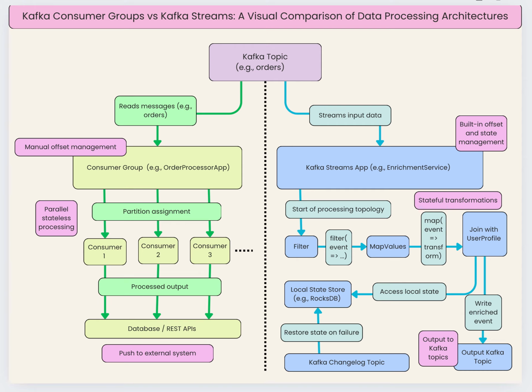And since Kafka Streams apps are just regular Java services, you can deploy them anywhere, Kubernetes, Docker, or even directly on a VM, without needing a separate cluster like Flink or Spark.